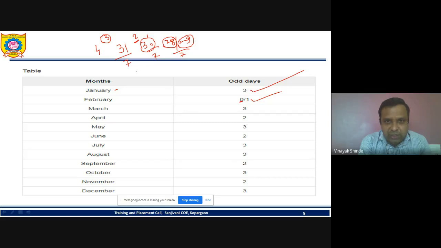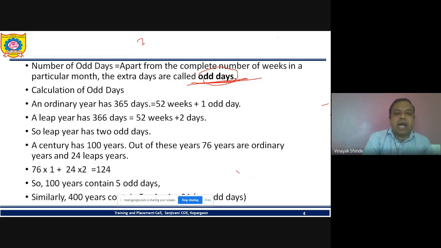So what we need to do is just divide it by 7. Whatever the remainder is, that is the odd day. Okay, now in 365 days, how many weeks are there? 52 weeks. In an ordinary year, we have 52 weeks in total. So if we complete 52 weeks in 365 days, how many days are left? 1.